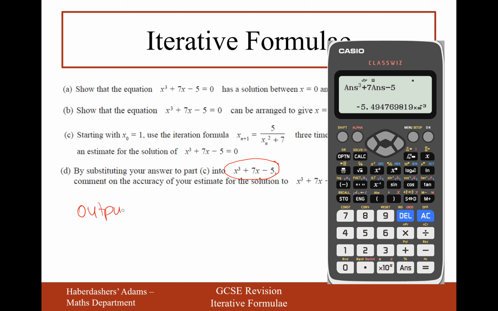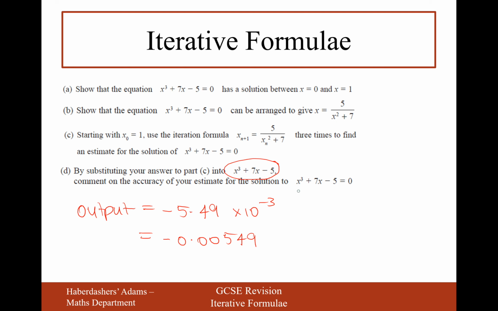So the output is equal to, well, it's quite small, it's actually so small it's in standard index form, so it's minus 5.49 times 10 to the minus 3. If we are actually to write that as a number, it would be minus 0.00549. So you can see how close that is to the number 0.